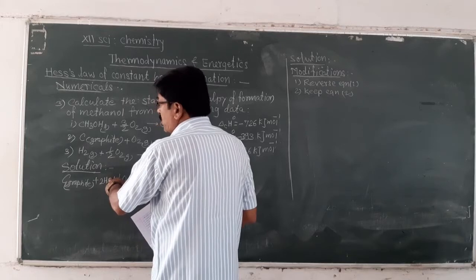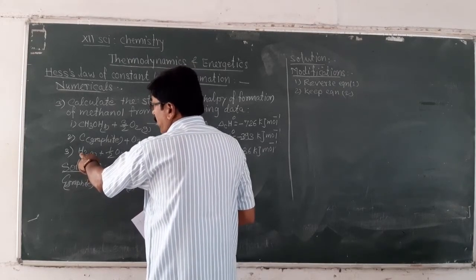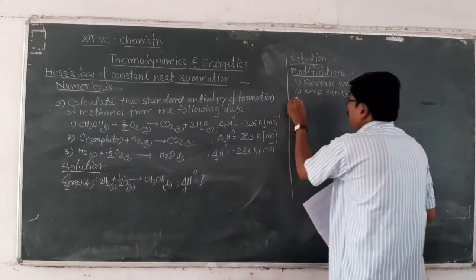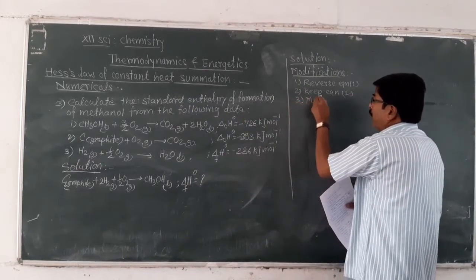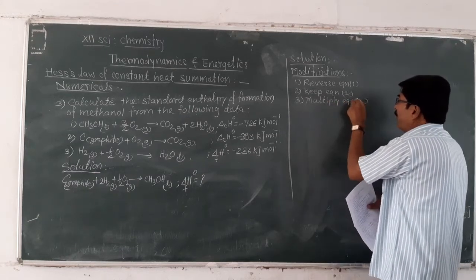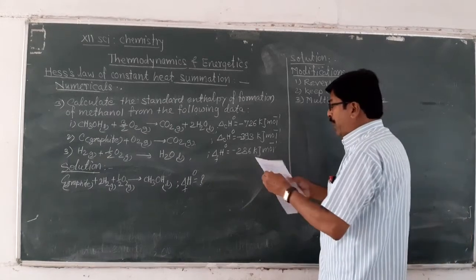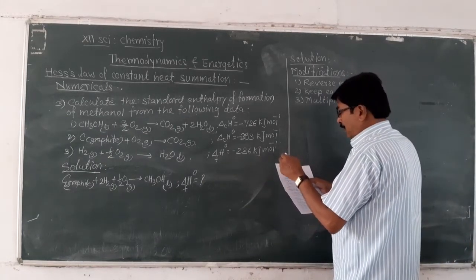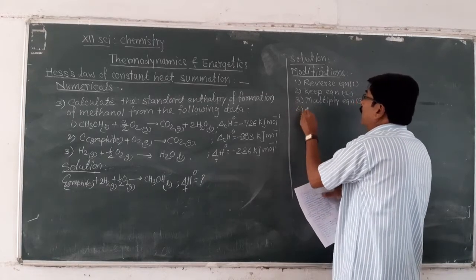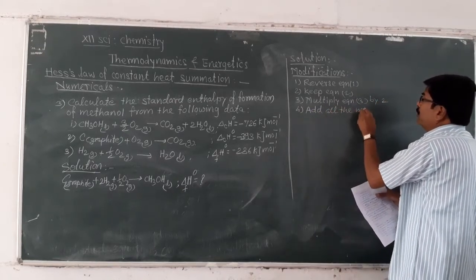We require 2 moles of hydrogen gas on the reactant side. In the third equation, it is present on the reactant side, but only 1 mole is present. Therefore, we have to multiply equation 3 by 2. And finally, add all the modified equations.